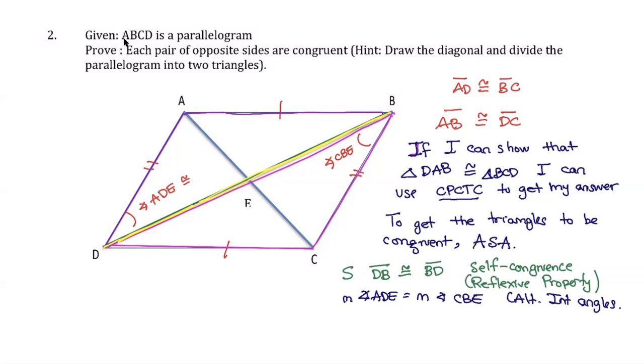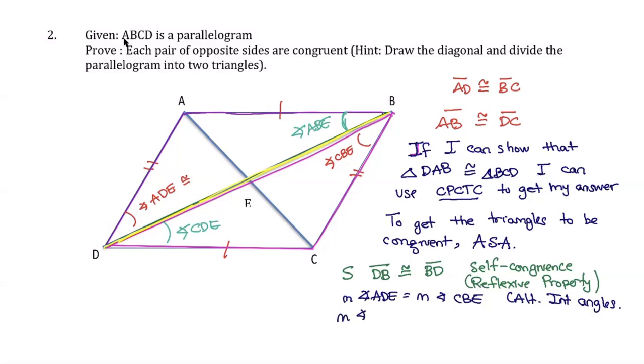Likewise, we can find that another pair of angles, let's put them in a different color. Let's use this color here. We'll find that angle ABE is going to be congruent to angle CDE. And this is on the principle as well that they are alternate interior angles.